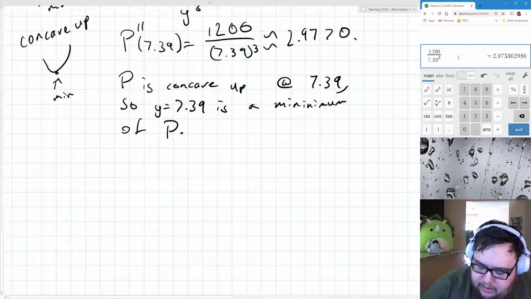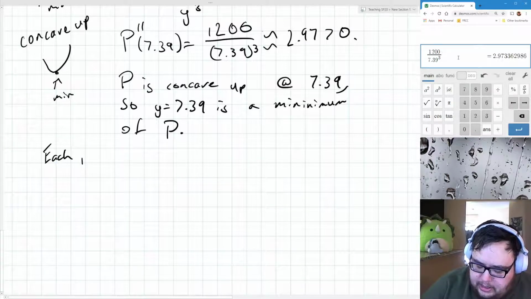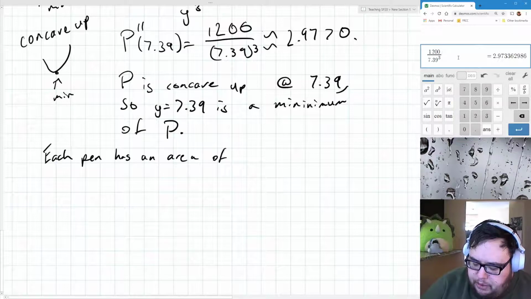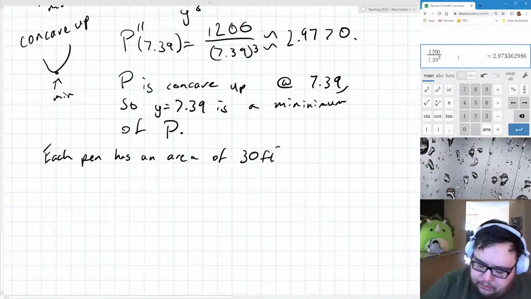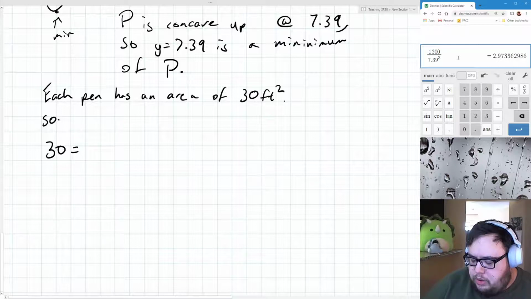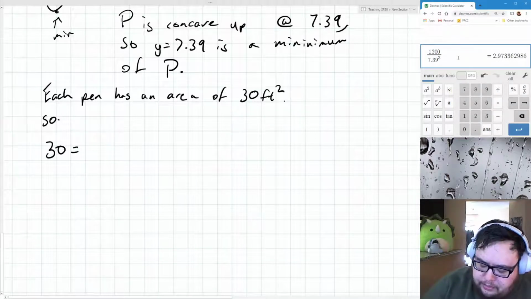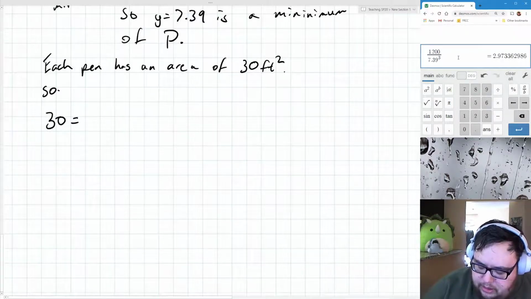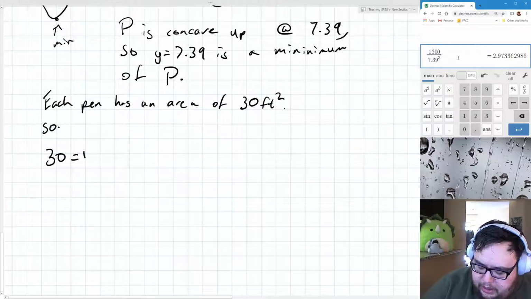Each pen has an area of 30 square feet. So that means that 30 is equal to, let's call it the width times y.